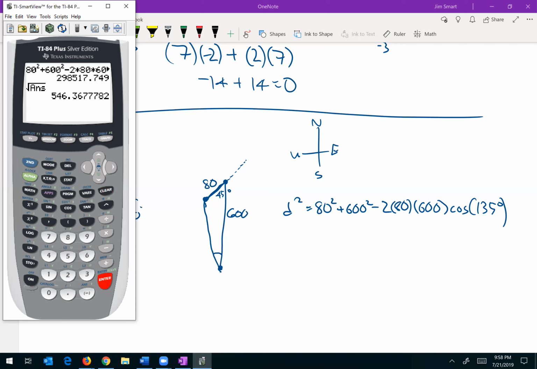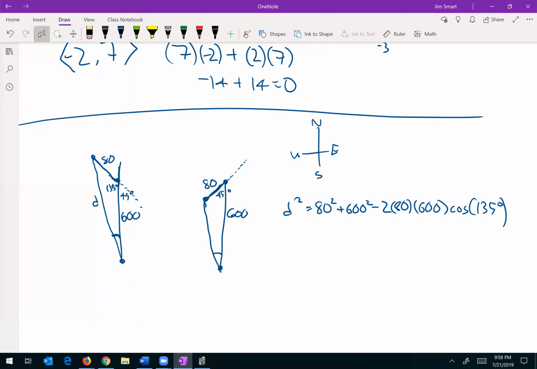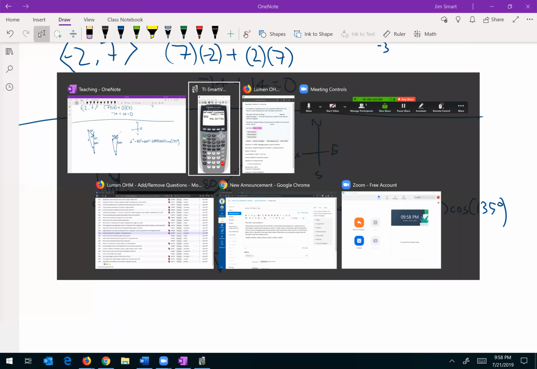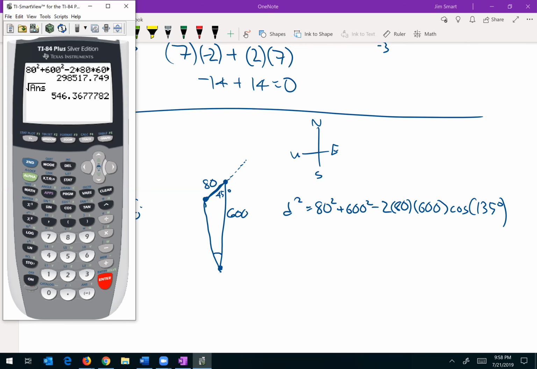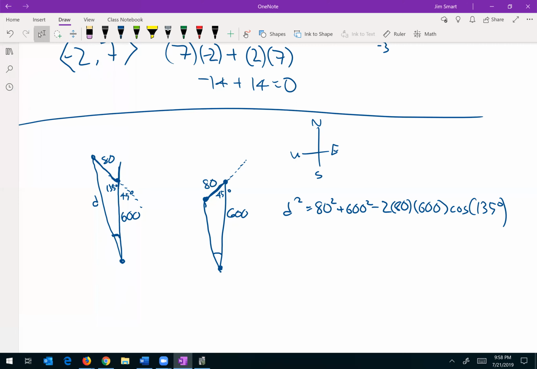So I have 546, and it makes sense that since the wind is blowing from the northeast, it's slowing the plane down. So the speed on the other one would be higher. I'm going to say 546.38, so that when I find my angle, I don't get a rounding error.